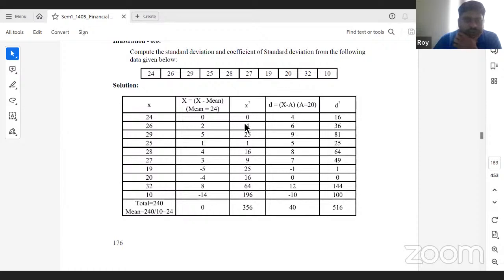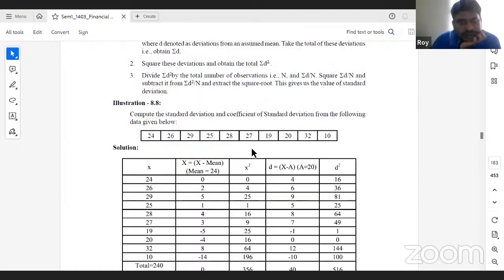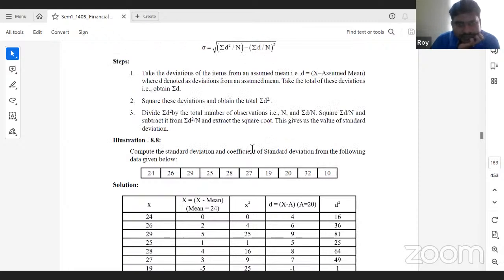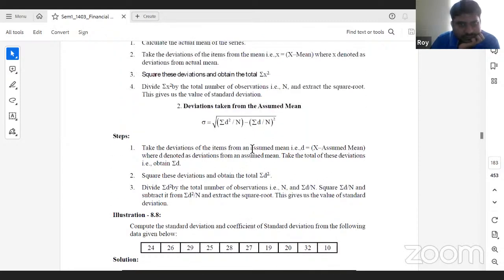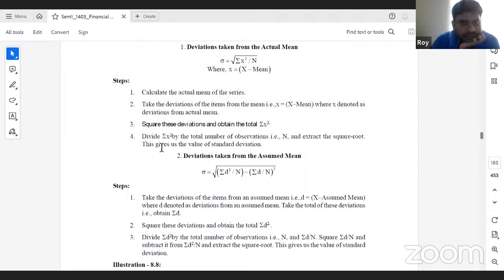Assumed mean, how we will calculate it: 4 plus 2 is 6, 6 plus 5 is 9. Here we need to take the assumed mean like this. I'll take it as 4 here. Why did I get confused here?